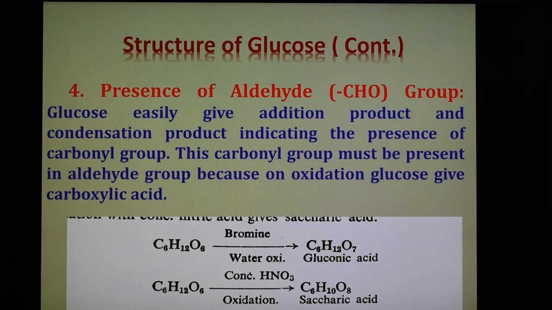This carbonyl group must be present as an aldehyde group, because on oxidation glucose gives a carboxylic acid without loss of a carbon atom. For example, we have already seen the reactions. On oxidation by bromine water, glucose gives gluconic acid, while oxidation with concentrated nitric acid gives saccharic acid.